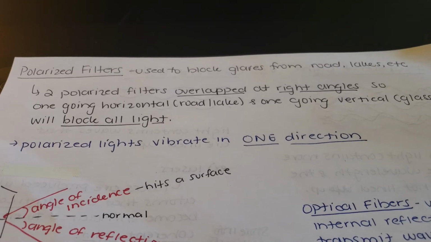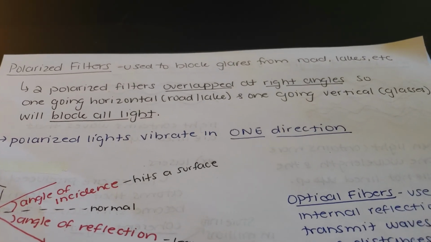When you have 2 polarized filters and they're overlapped at right angles, so you have one that's going horizontal, so if you're driving and the glare from the road is going horizontal, and then say you have glasses on that are vertical, they're actually making right angles, and that's going to cause all of the light to be blocked, which is not a good thing if you are driving, okay? So you don't want to have polarized filters going at right angles because then you're blocking all the light.